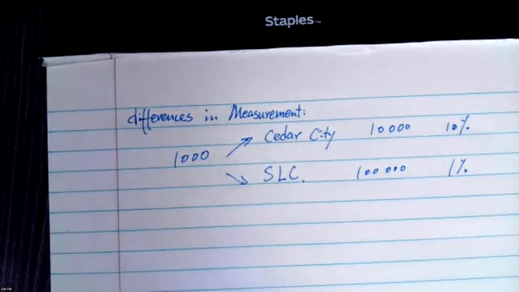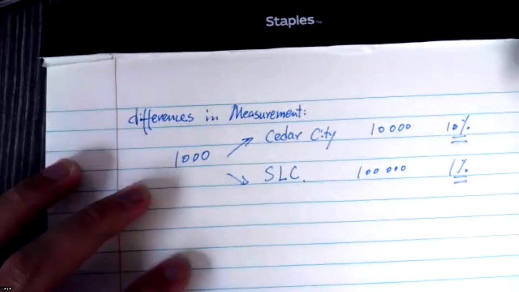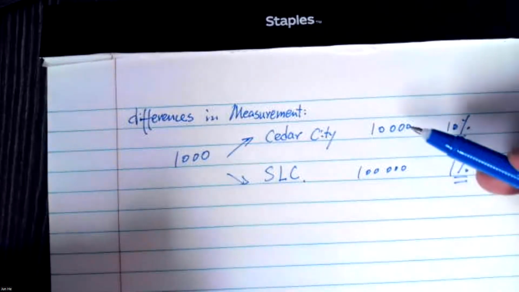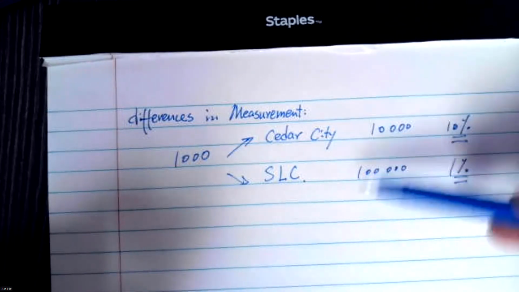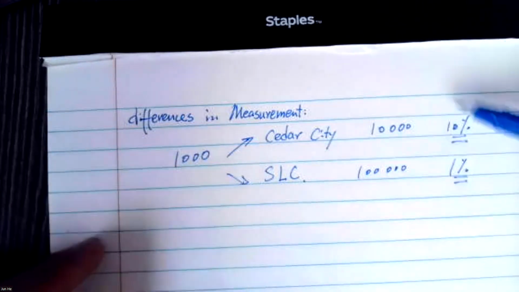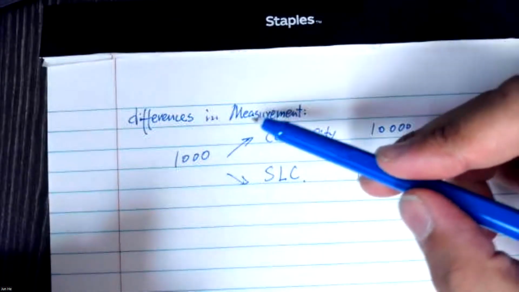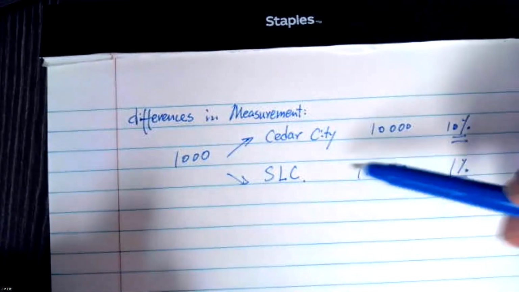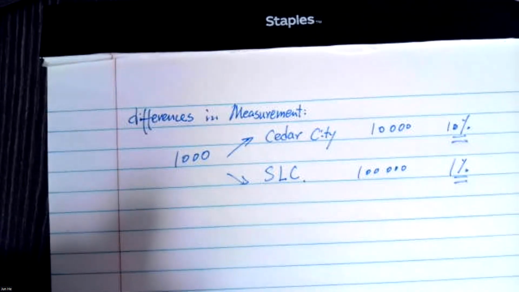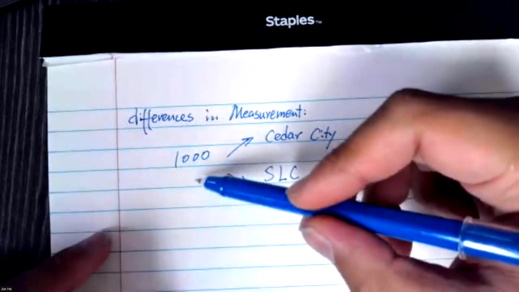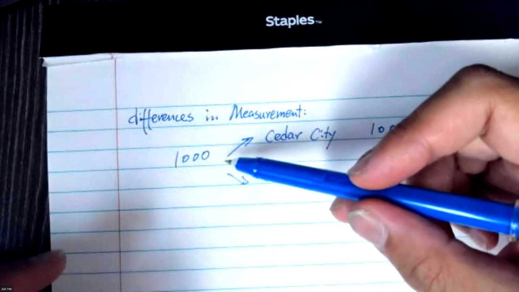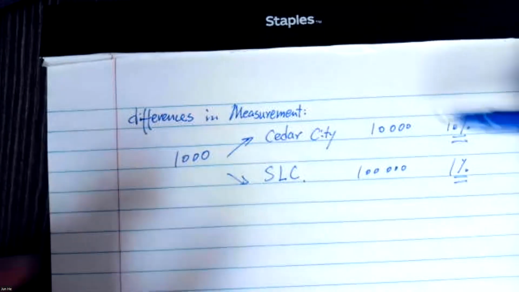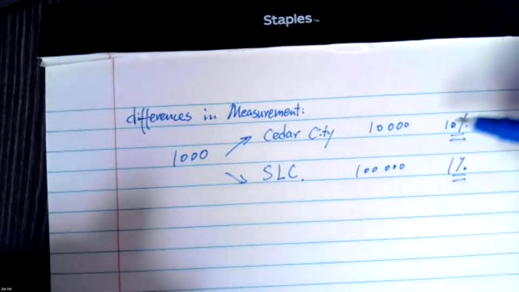So here, as you can see, the change in percentage actually reflects more accurately how big the change is to those cities. That's why we're using percentage to avoid difference in measurement in the base population. Otherwise, you would say it's the same impact, the same 1,000 people increase, but actually the effect would be different, and it's more accurately reflected by the percentage change. That's why we are using percentage change.